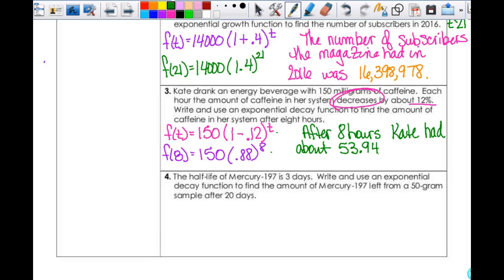Give me 3 numbers after the decimal. 945? Yes. Okay, good. Does that make sense? Okay, 3 decimal places. And that's milligrams. After 8 hours, Kate has about 53.945 milligrams of caffeine in her system.